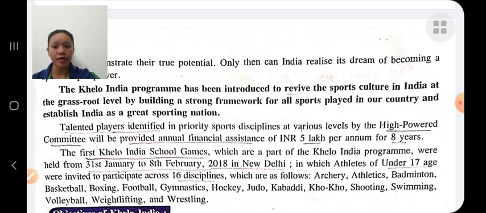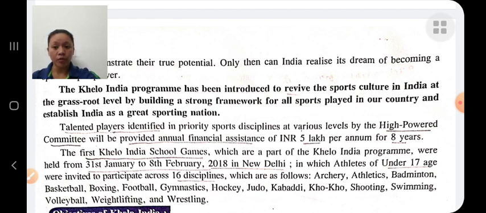In the first Khelo India program 2018, players under 17 years of age participated across 16 disciplines: archery, athletics, badminton, basketball, boxing, football, gymnastics, hockey, judo, kabaddi, kho-kho, shooting, swimming, volleyball, weightlifting and wrestling. These are the games held in the first Khelo India School Games in 2018 in New Delhi.